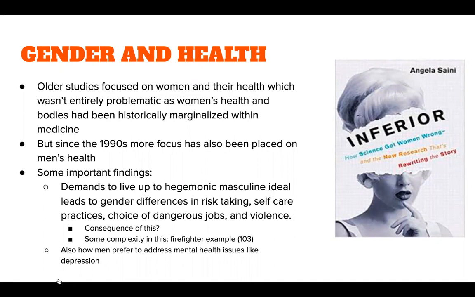for women. And they said that wasn't necessarily entirely problematic, because women's health and bodies had been historically marginalized and misunderstood and mischaracterized within medicine from the beginning. And if you want a good book to read, one that I was considering for my gender class and ultimately decided not to go with, but perhaps will do in future classes, the book is called Inferior: How Science Got Women Wrong and the New Research That's Rewriting the Story.